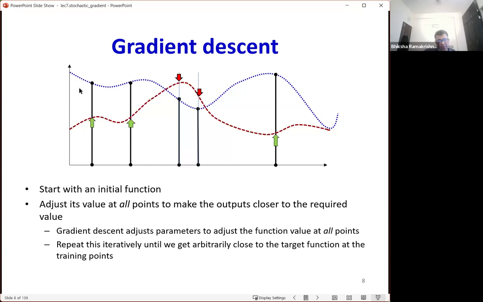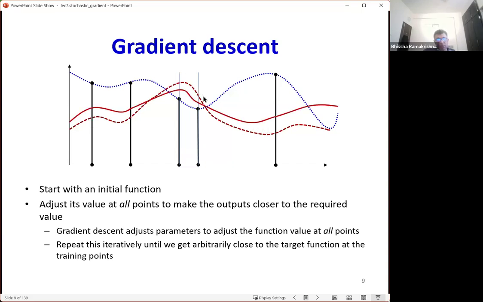So they would tell us, for example, that if this blue line is the function we want to model, and the red dotted curve is the function currently modeled by the network, our gradients will tell us that the function must be pushed up at these 2 points. It must be pushed down at these 2 points and then pushed up at this point. So we adjust the value of the function at all the training points, because we are aggregating gradients from all of these training points in order to make the outputs closer to the required value.